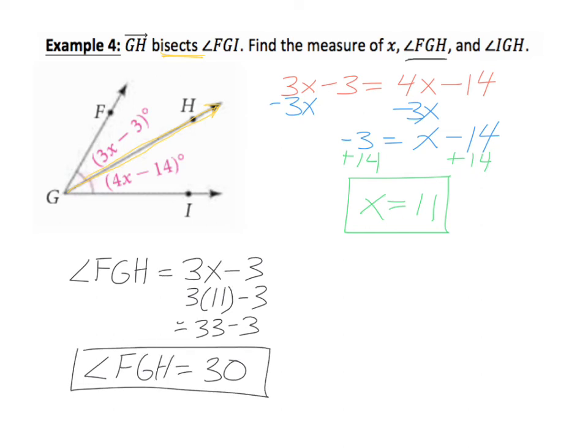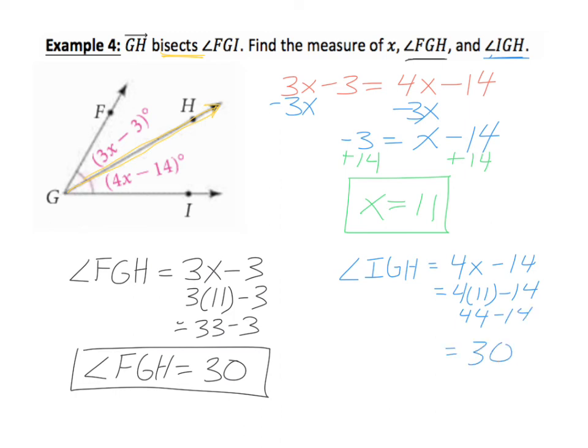Then you'll do the exact same thing with angle IGH. You can see in the diagram that angle IGH is equal to 4x minus 14. So again, we know x is 11, so sub 11 in for x, and then we'll evaluate that expression. 4 times 11 is 44, minus 14 is 30.